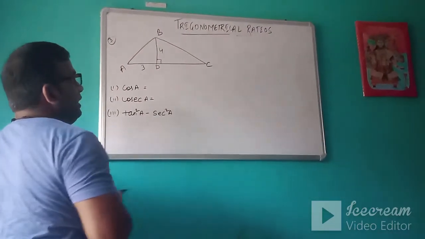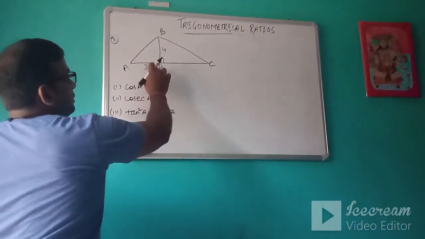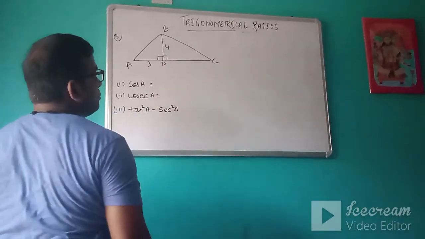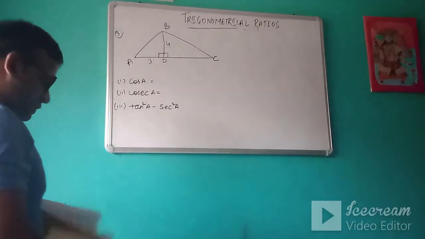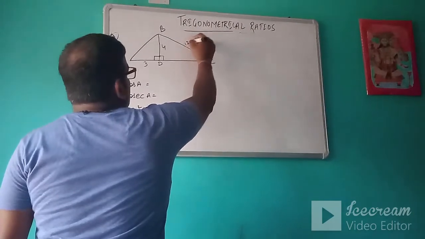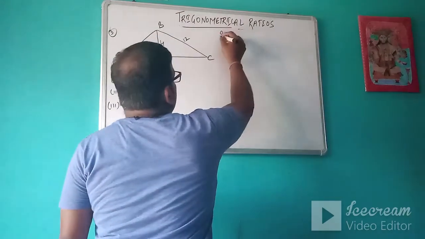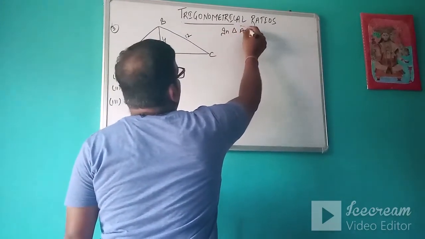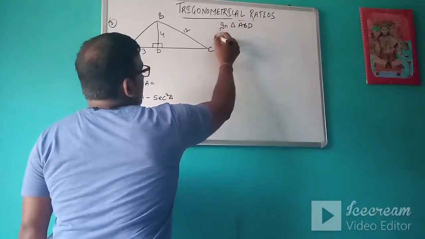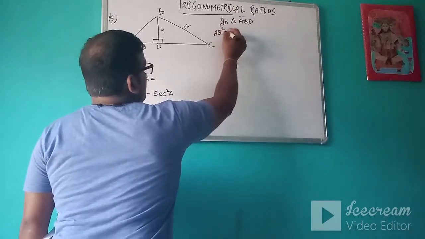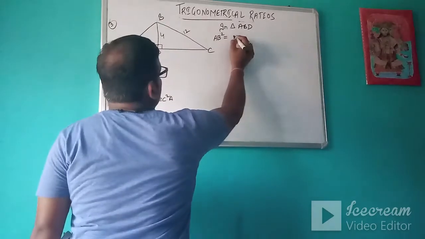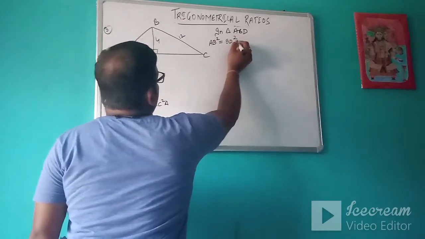If you see very carefully in this figure, there are two right angle triangles. So in these two right angle triangles, what will we do first? First we will find the sides. So if I take the first triangle, triangle ABD, we will find AB, and AB is your hypotenuse for this triangle. So AB square is equal to BD square plus AD square.